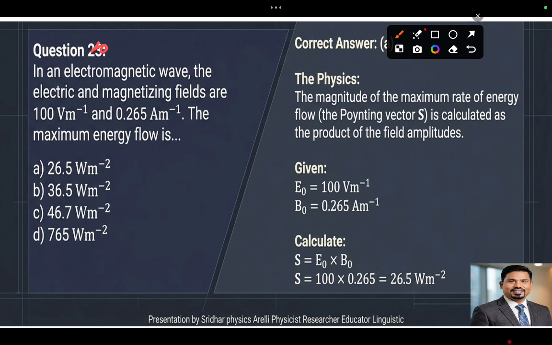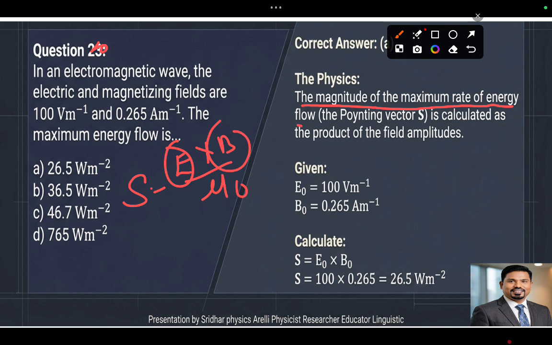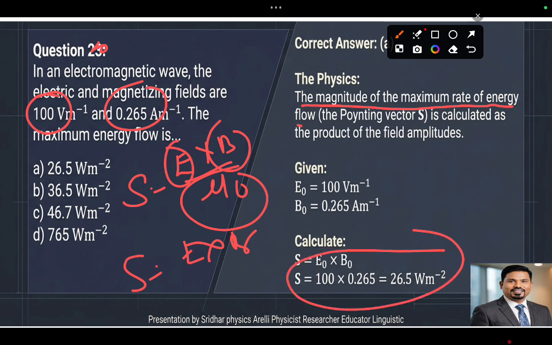The maximum rate of energy flow, that is the Poynting vector, is calculated as the product of the field amplitudes. The Poynting vector is S equal to E cross B by mu naught. Electric field and magnetic field are given, and mu naught is a constant. So S equal to E times B: E is 100, B is 0.265, and multiplying both, finally you will get 26.5 watt per meter square.